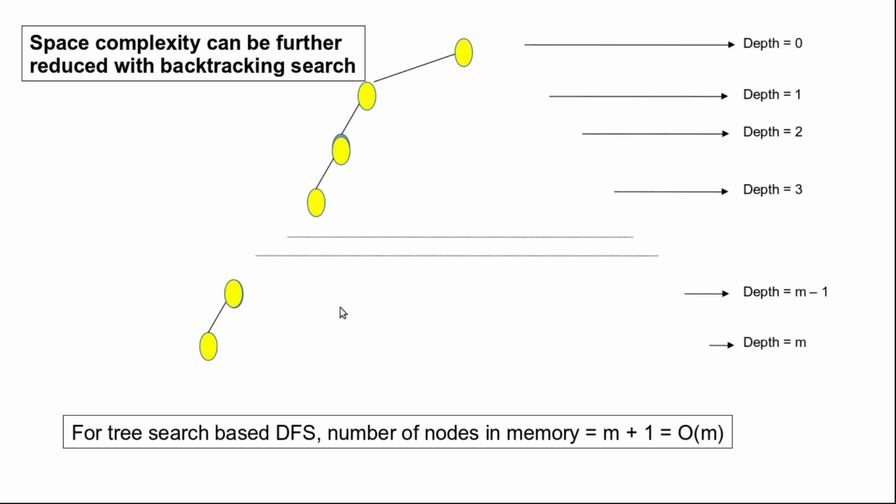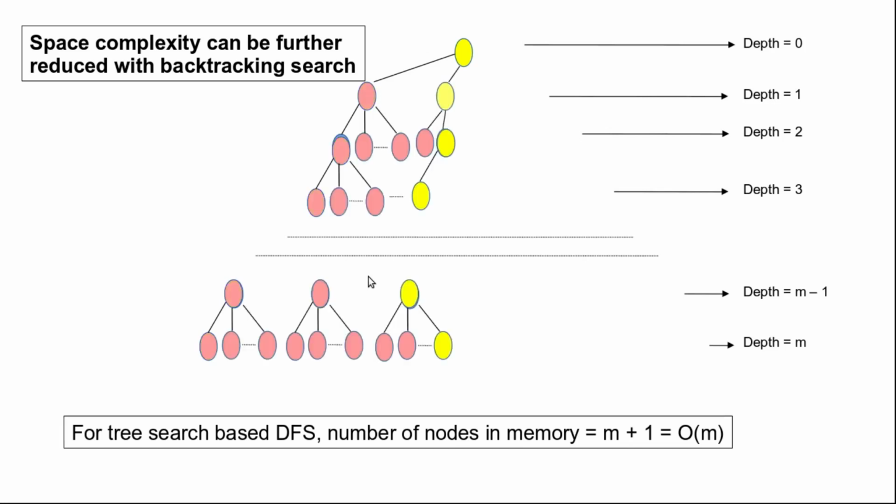If we continue performing the search, we may have a situation like this also, where we have already explored these nodes, and now for this root node we have only one node currently in the list. For this yellow node at depth 1, we have already explored the other red colored node, and now we are trying to explore this yellow colored node.